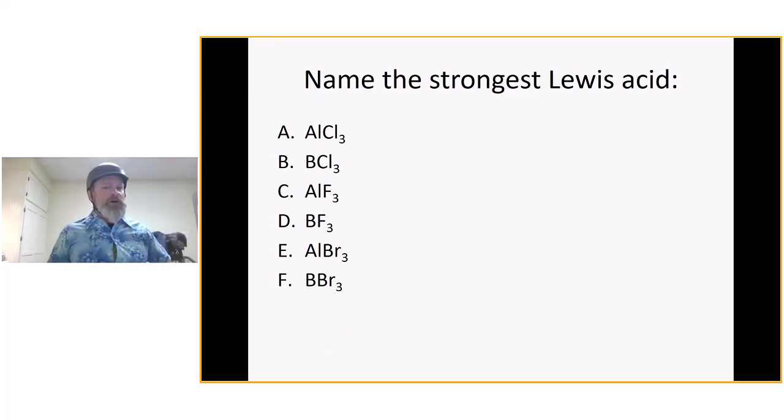Okay, now that you have thought about it, let's look at the answer. That is AlF3. Why? Because aluminum is very electropositive and it has more electronegative atoms attached to it.